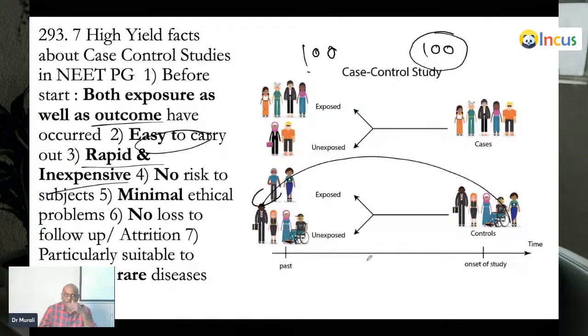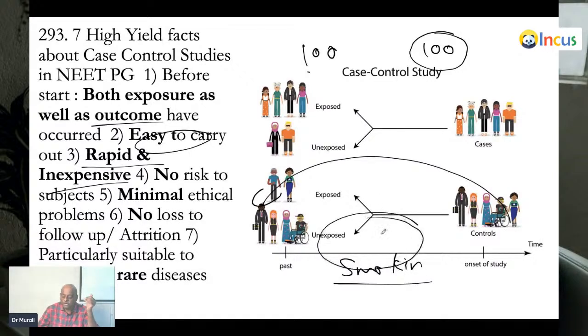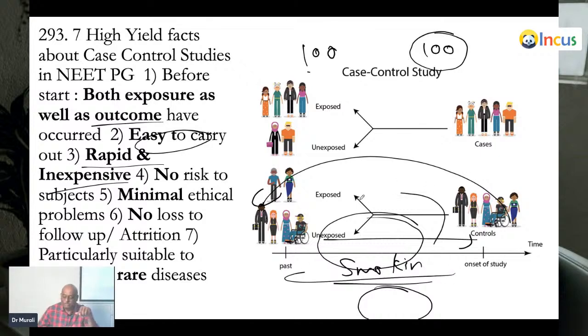In cohort study, you are trying to study what? Smoking on cancer. So one group, you are encouraging them to continue smoking because you are doing the study. Another group, you ask to not smoke. So one group you are asking them to smoke, no? That's the reason there's a risk to the people participating in a cohort study, but not in case control.